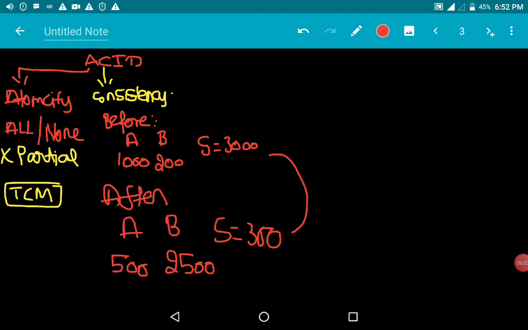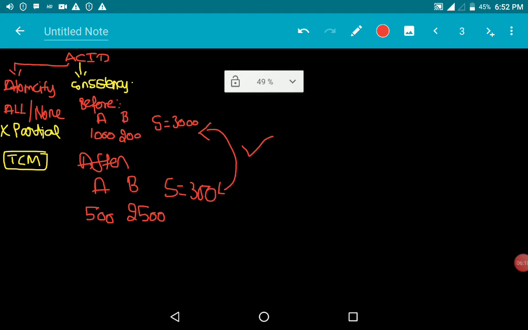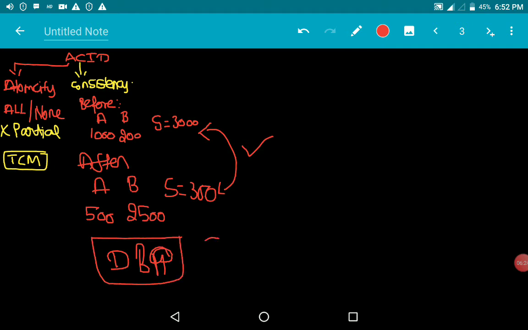Here the database state is maintained before and after. Therefore, this satisfies the consistency property. This is the responsibility of the database programmer or SQL developer.